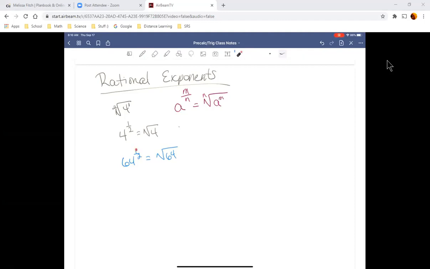My numerator goes there, so that's technically a 1 if we want to throw it in there, and my denominator is my root. So I'm taking the square root of 64, which is going to be 8.